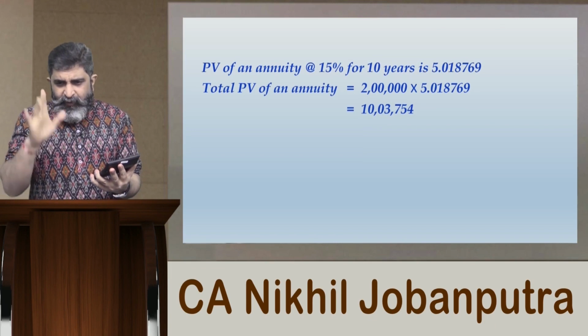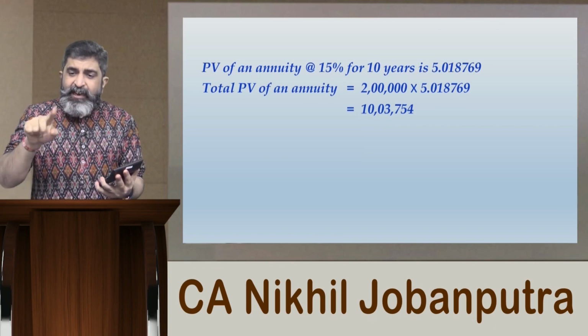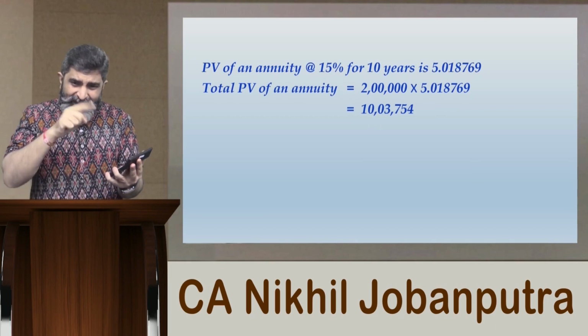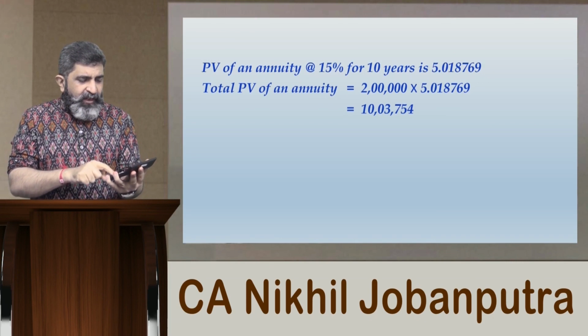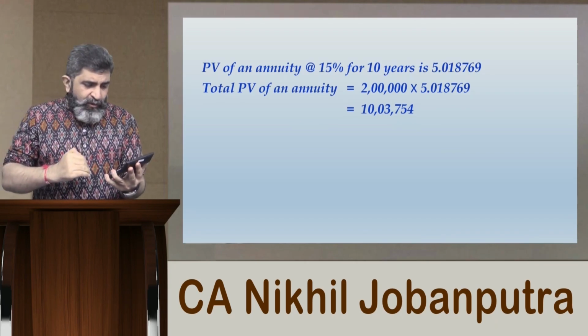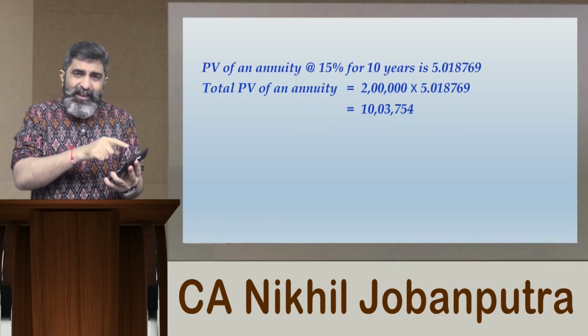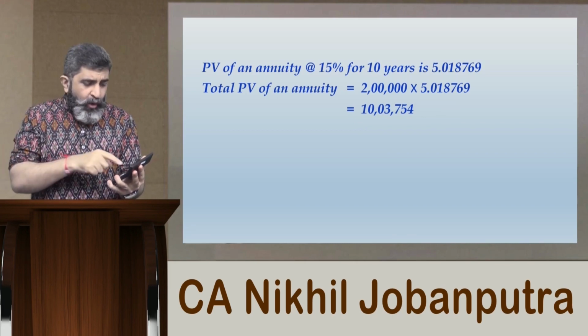So it is 15%. So I take 1 divided by 1.15 and it is a 10 year period involved. So I press equal to 10 times. 1, 2, 3, 4, 5, 6, 7, 8, 9, 10. When I reach this stage, I want the cumulative value. On your calculator there is a function titled GT, that is grand total.